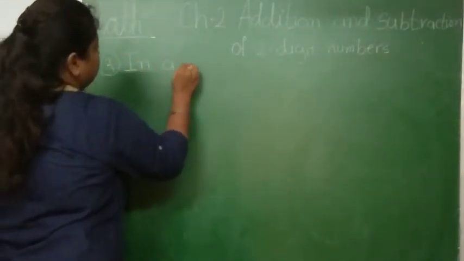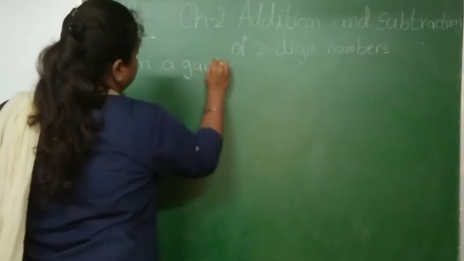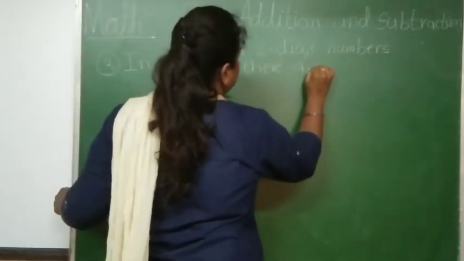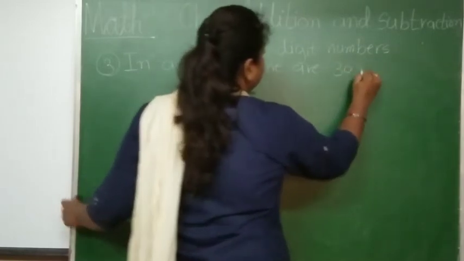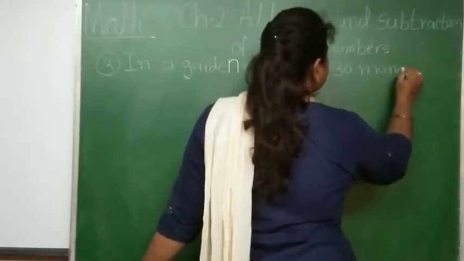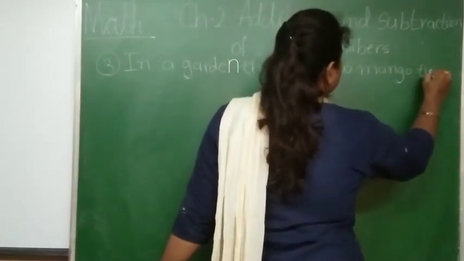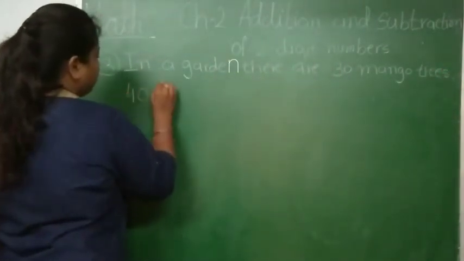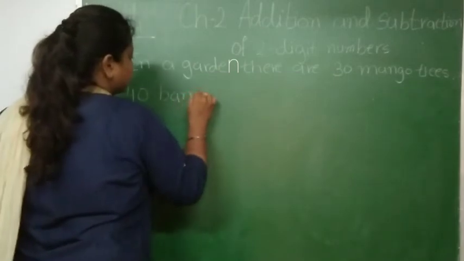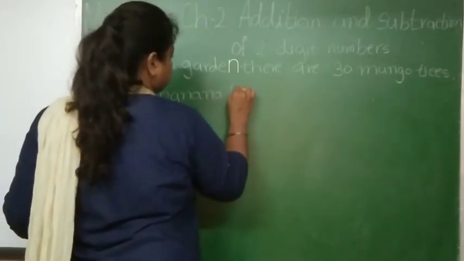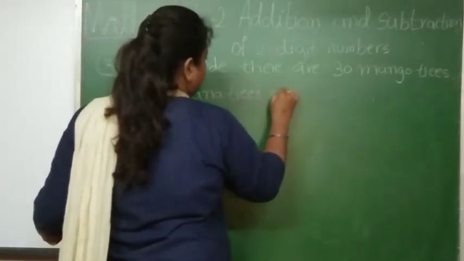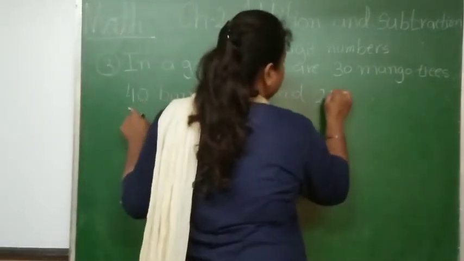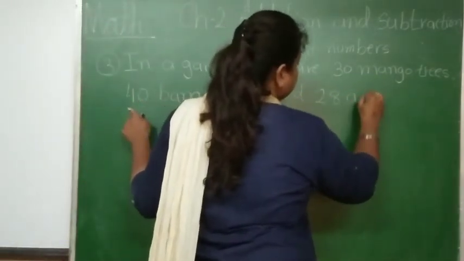In a garden, there are 30 mango trees, 40 banana trees, and 28 apple trees.